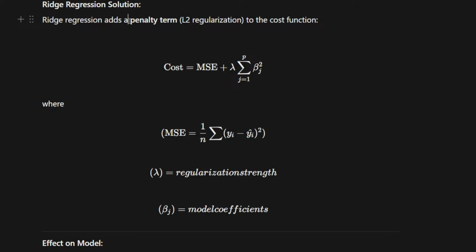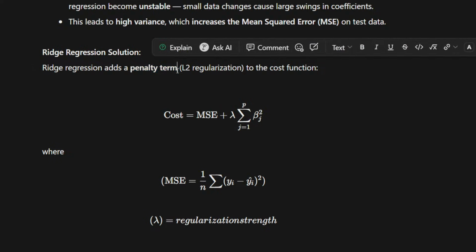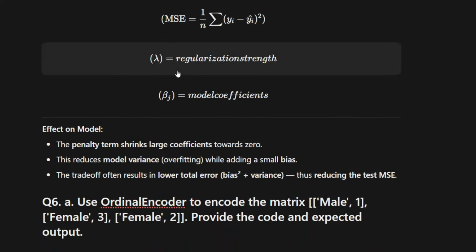I think it is even enough to just write this line. This line tells about ridge regression entirely. It summarizes the entire ridge regression in one single line. So this is what is expected from you.